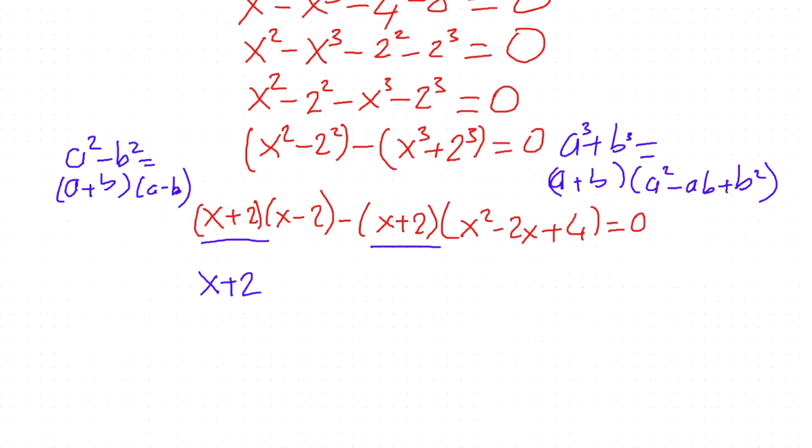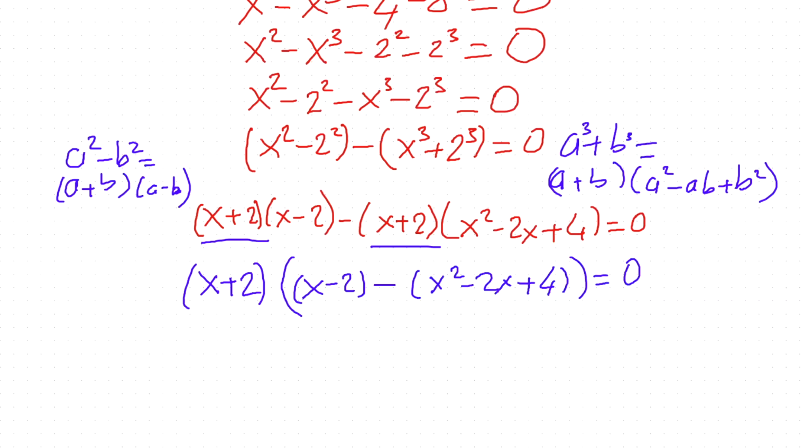So I'm going to get x plus 2 in parentheses here. What is left from the first term is x minus 2 in parentheses. Then minus the second term, x squared minus 2x plus 4, is equal to 0.